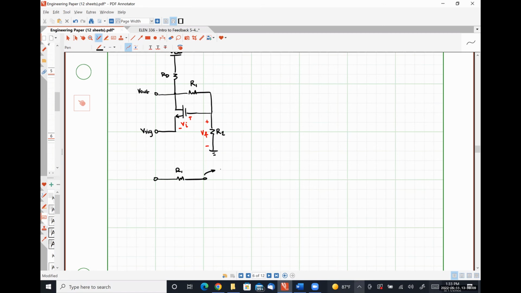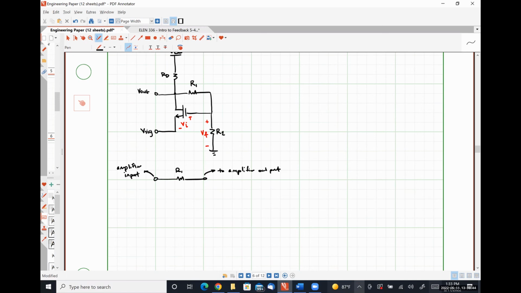This terminal goes to the amplifier output. This terminal goes to the amplifier input. So the expectation here is that port 2 should be connected to Vout and port 1 should be connected to Vi. Okay. So that's what R1 is doing.